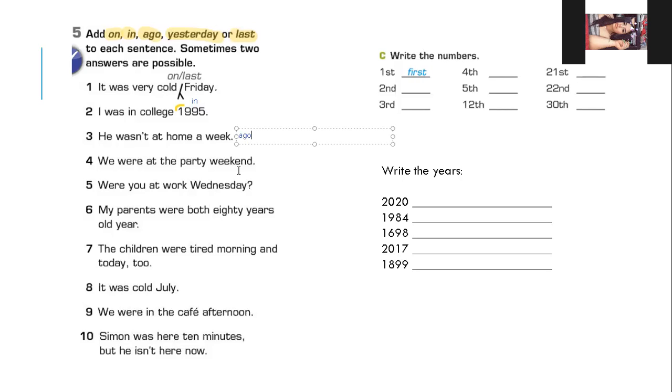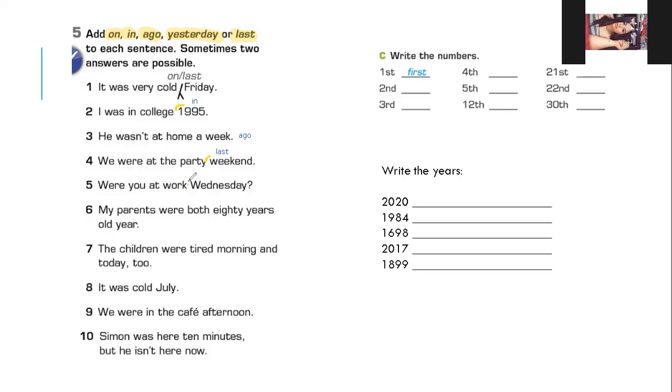Okay, 4. We were at the party weekend. What is missing? Last weekend, right? Very good. Last weekend. 5. Were you at work Wednesday? ¿Qué me falta before Wednesday? On.